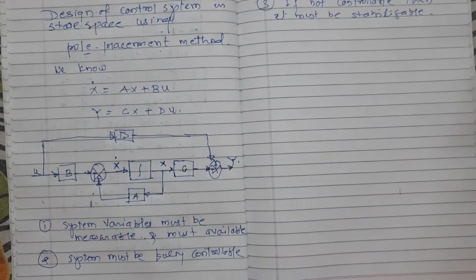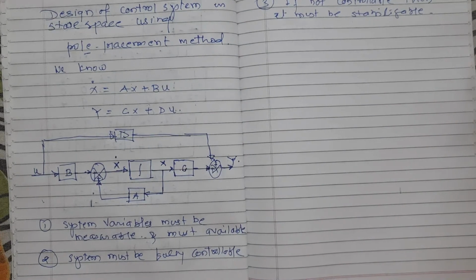Now see here, if the system is controllable, that means it is stabilizable.